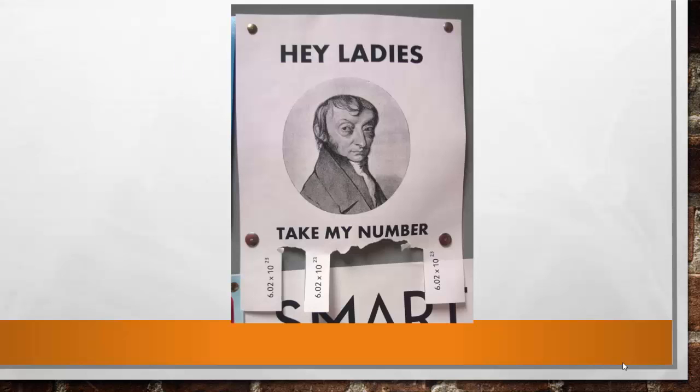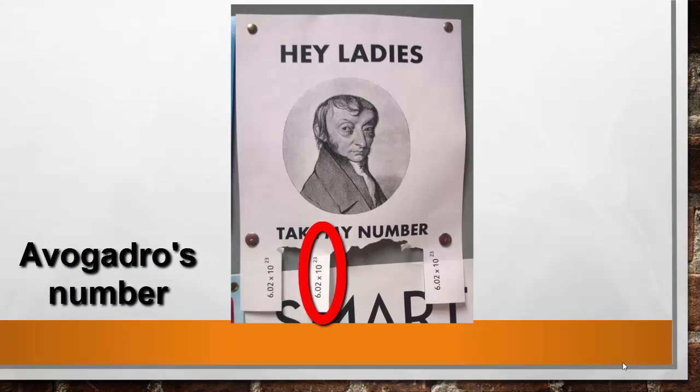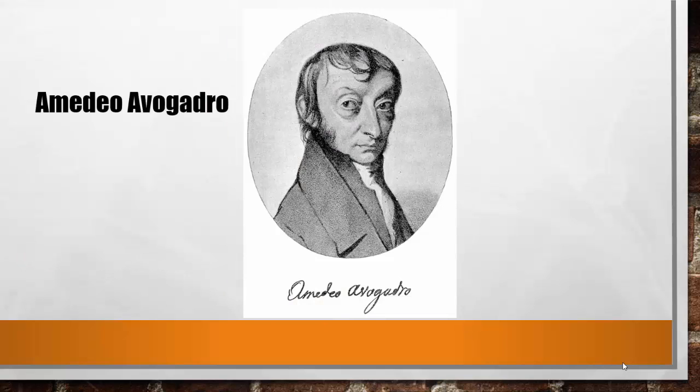But there is one final thing. Turns out that 6.02 times 10 to the 23rd is frequently called Avogadro's number, or Avogadro's constant. This is named after Amedeo Avogadro, who lived from 1776 to 1856.